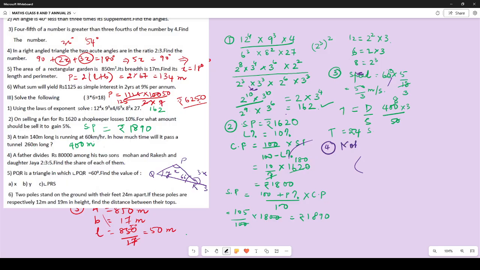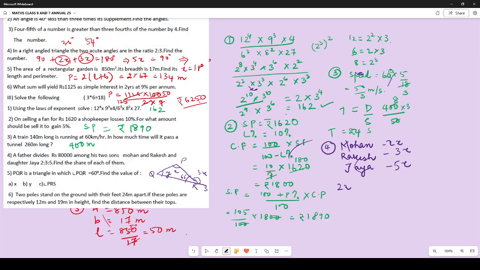Mohan gets 2x, Rakesh gets 3x and Jaya gets 5x.